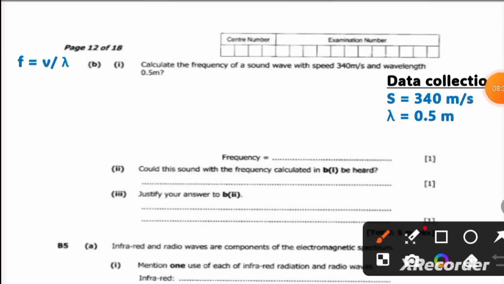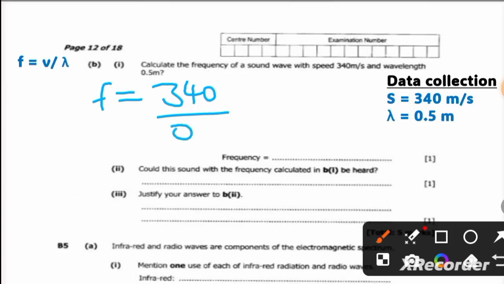So we are going to say frequency is equal to, where v is representing velocity or speed, we are going to write 340 meters per second over, where there is wavelength, we are going to write 0.5 meters.